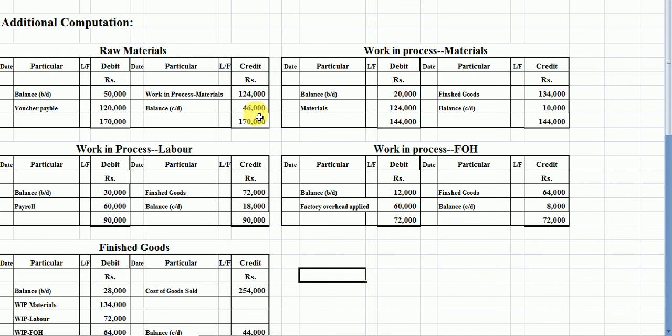Students, the difference between this, 1,24,000 rupees, is the material transferred to the work in process material.